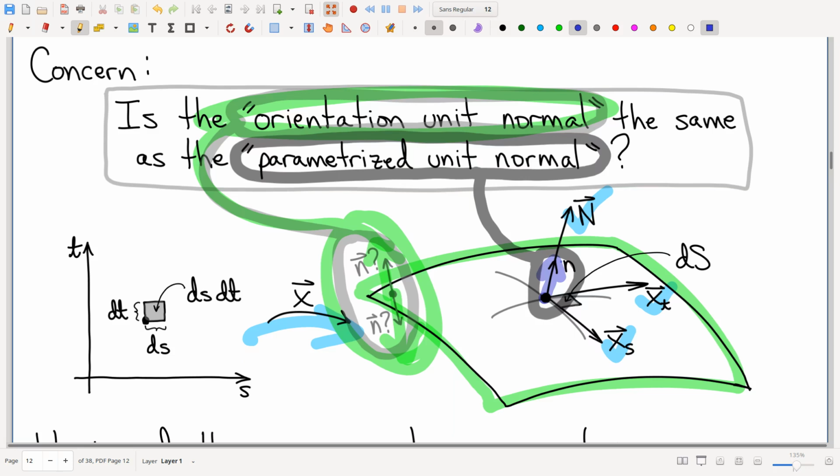So, depending on what normal vector you were supposed to do, right? Let me just erase these. If you were supposed to parameterize the surface this way, cool, you got it right. Right? 50-50, coin flip, you happen to get lucky. But what if you were supposed to parameterize it that way?